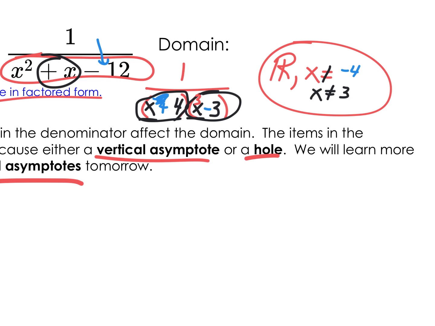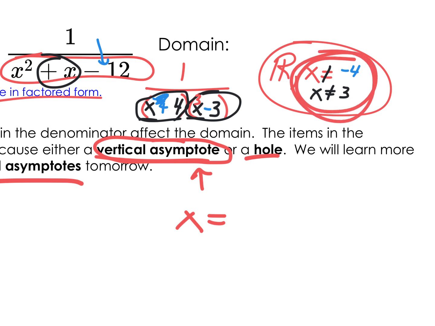The asymptotes that are the vertical asymptotes, it's what makes the bottom 0. So what does make the bottom 0? Well, we just made a list of what makes the bottom 0. It's those things. So the vertical asymptotes are x equals -3 and x equals -4.